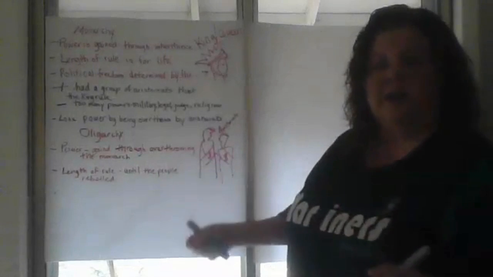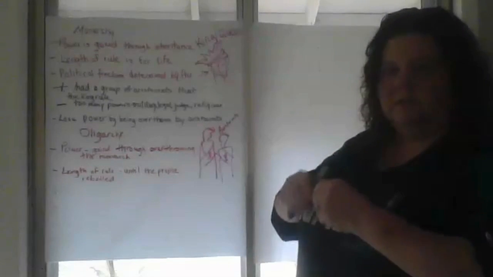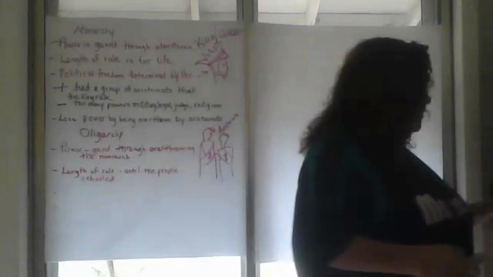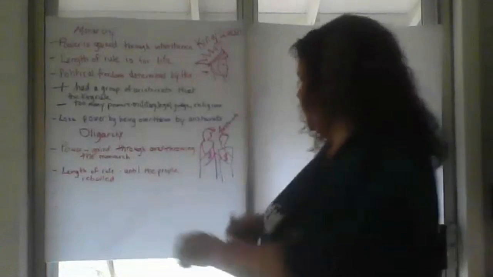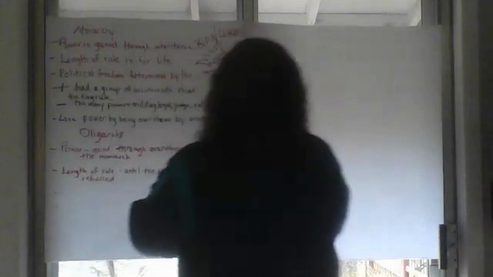When enough people were tired of the aristocrats, they took over. And they did it usually by military force. So a positive, though, was, oh wait, I forgot one part.